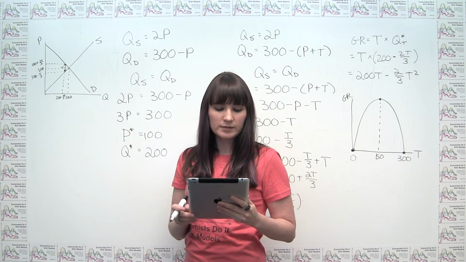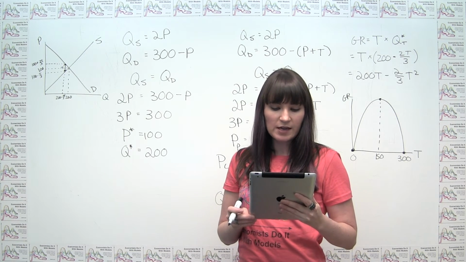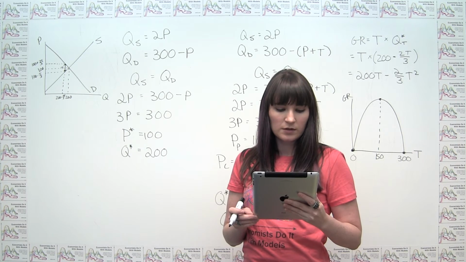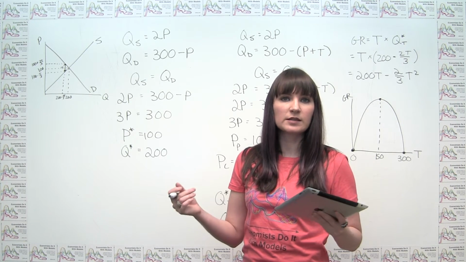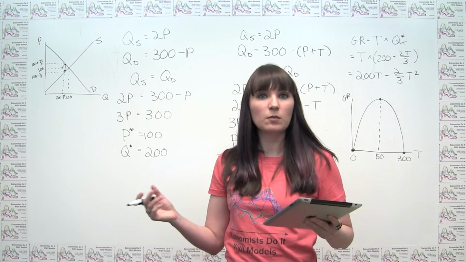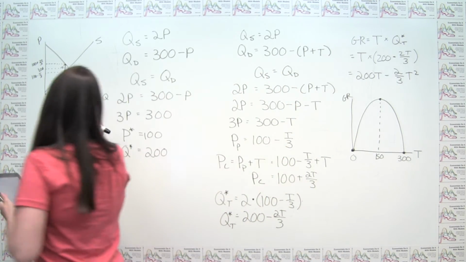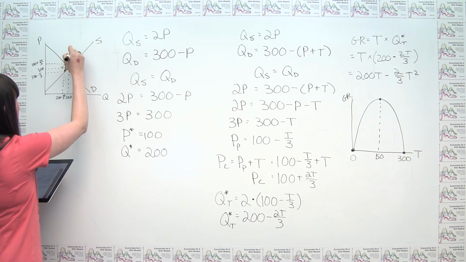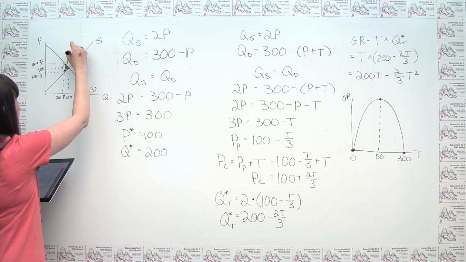The next part of the problem says, the deadweight loss of a tax is the area of the triangle between the supply and demand curves. So that's not as well defined as I would like it to be, but we do know from what we've seen graphically before is that the deadweight loss from a tax is the area of this triangle here.